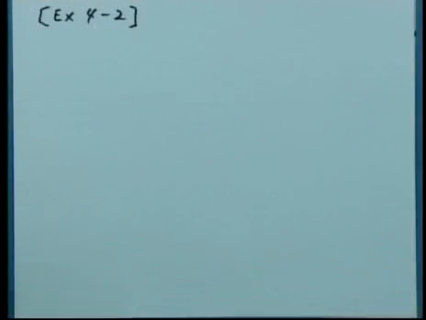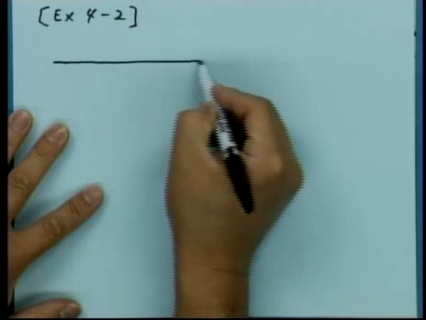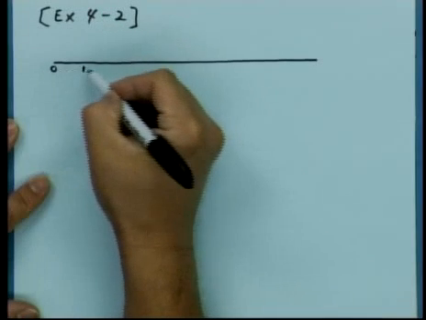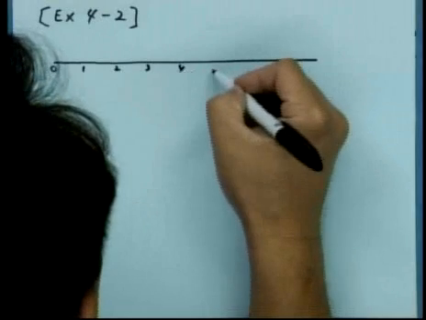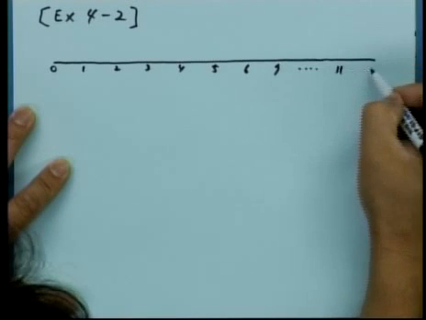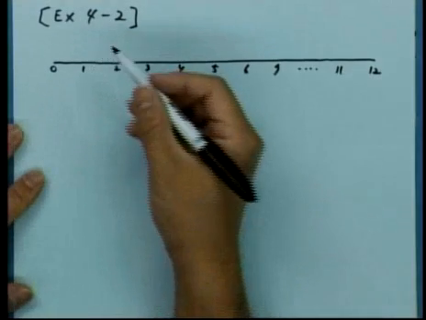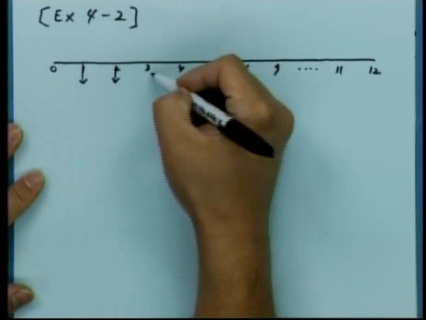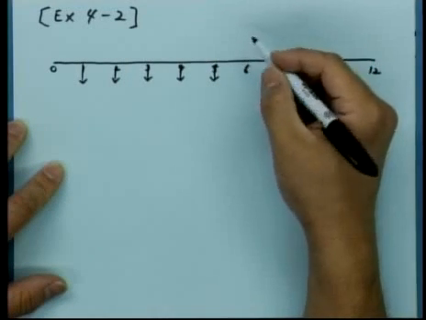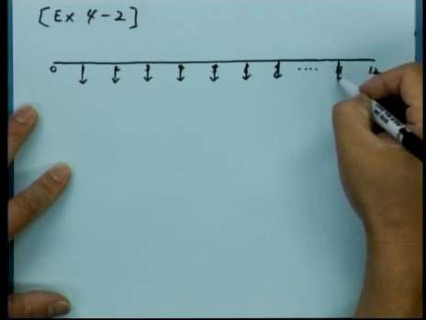And let's draw the cash flow diagram first. These are 0, 1, 2, 3, 4, 5, 6, 7, and so on to 11 and 12, let's say. So here there's a uniform amount at the end of each month.